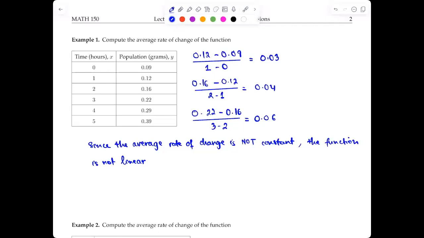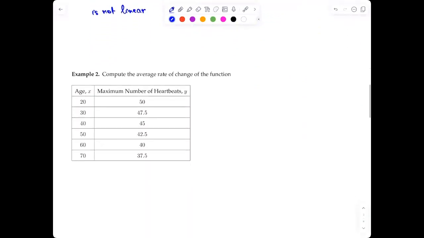All right, so let's do the next example. So we want to calculate the average rate of change of this function. This table has the age, so 20, 30, 40, 50, 60, 70, right? And the maximum number of beats for each age category. Now do the average rate of change again, the first two data and then the next two, and so forth. All right.